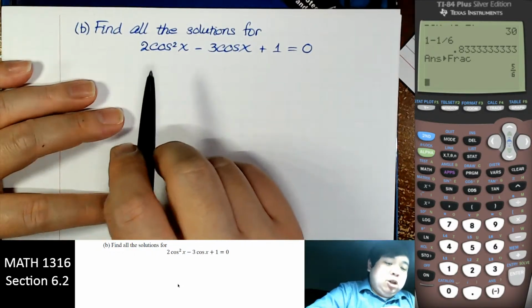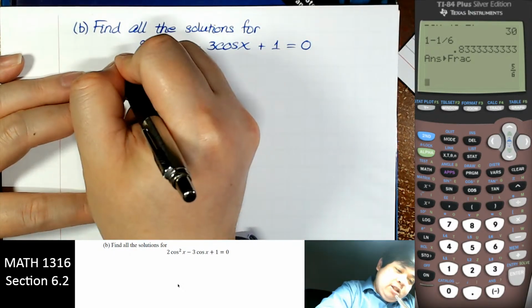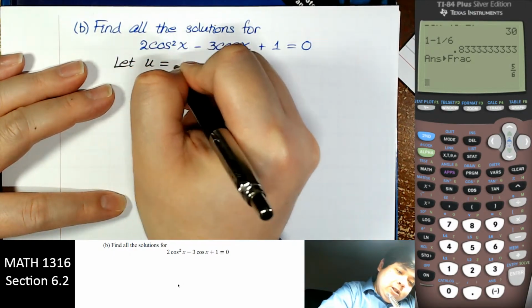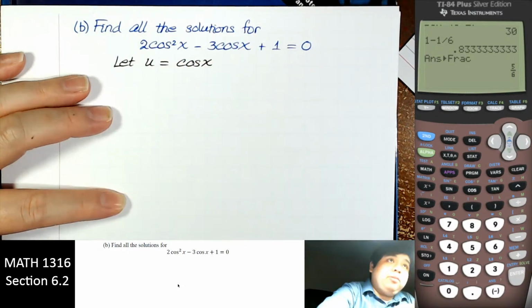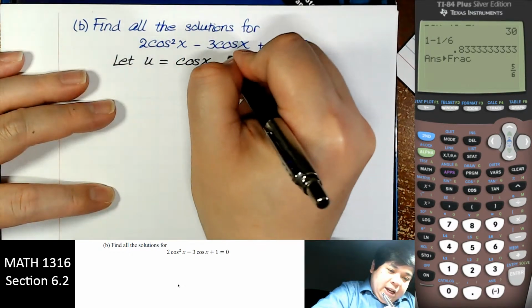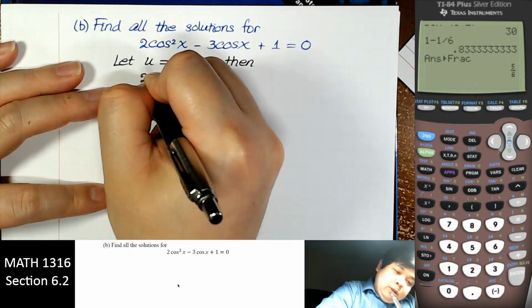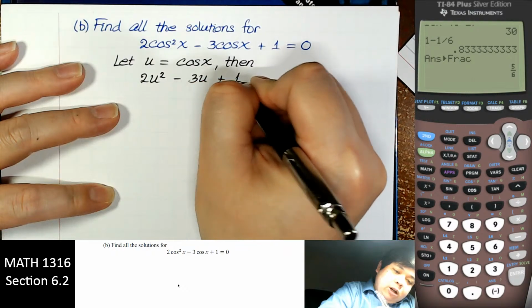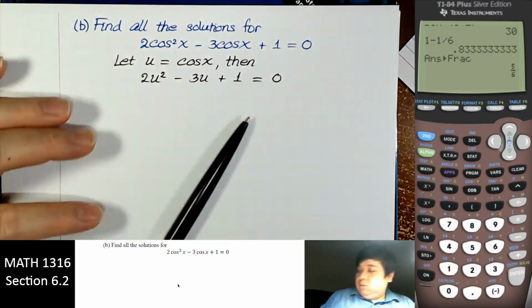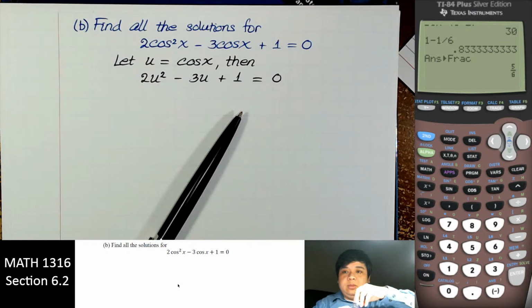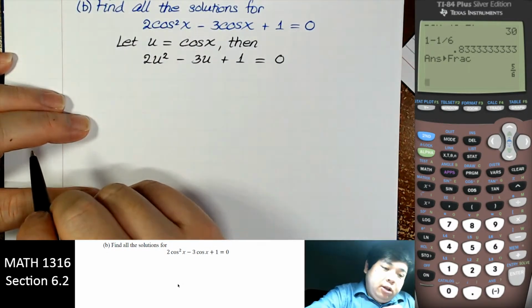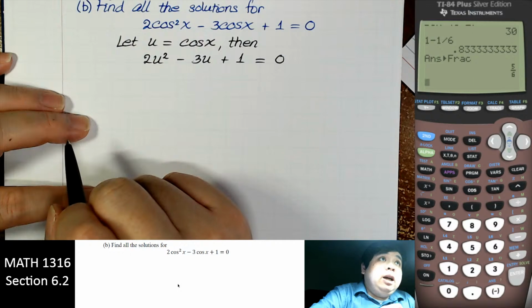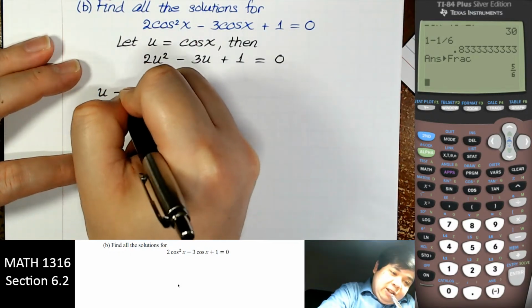We'll make the substitution u equal to cosine of x. And then we have the equation 2u squared minus 3u plus 1 equal to 0. Right. And now we just use the quadratic formula again.